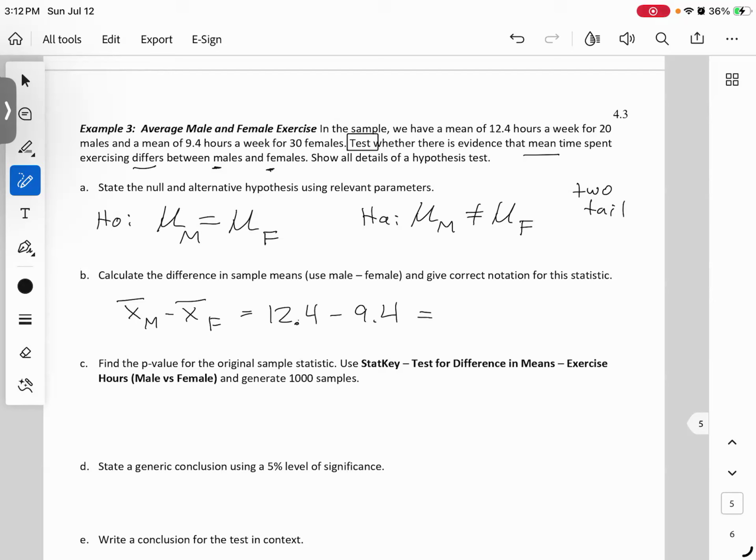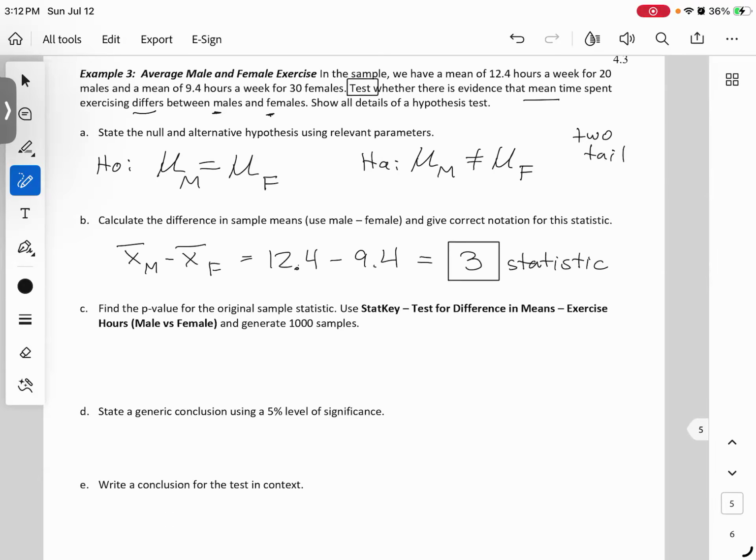And then you would just go and subtract those. And that 3 is our statistic. And if you want, you could put a little note: because of the way that we subtracted this, male minus female, and we came up with a positive 3, it suggests that male is higher by about 3 hours.